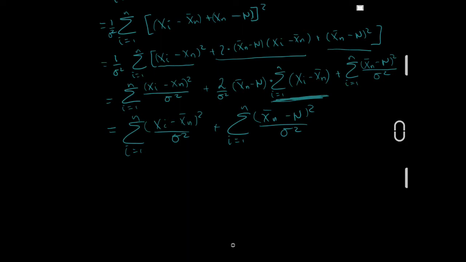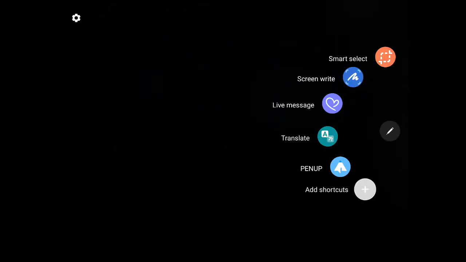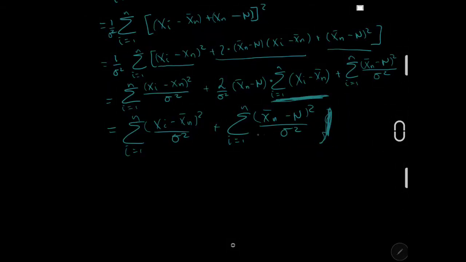Now, there's another thing that we need to notice, which is that in this second term over here, I don't have anything in the sum that depends on i. So this is just a constant being summed up n times, which means I'm just going to have n times that constant.